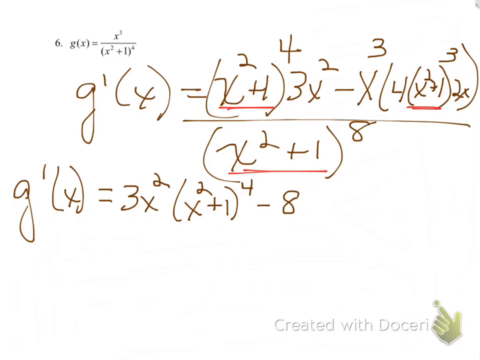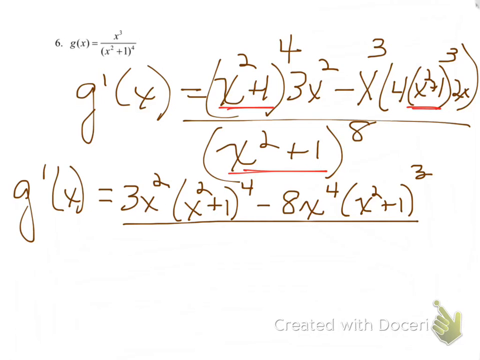So this is minus 8x to the 4th, and then that was multiplied by x squared plus 1, and this time the power is to the 3rd. And then I also have the x squared plus 1 to the 8th, because the 4 was doubled.